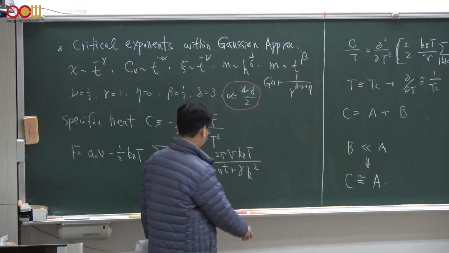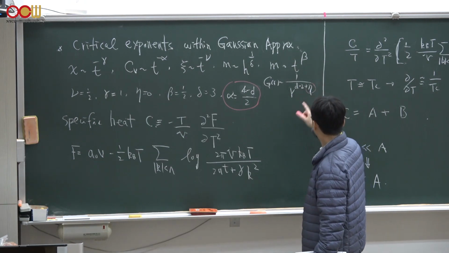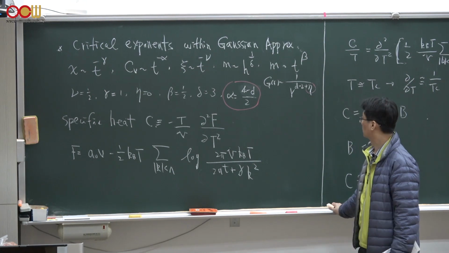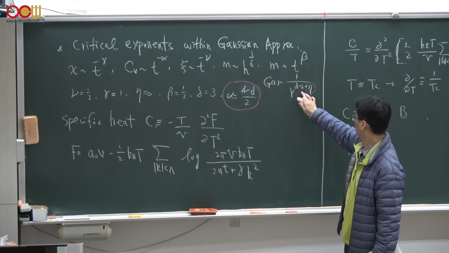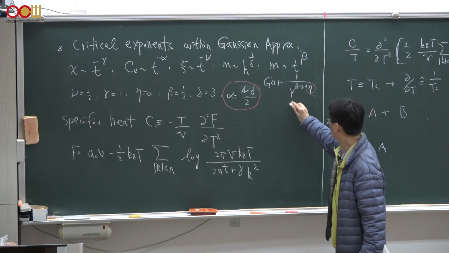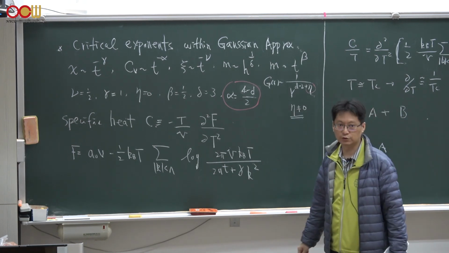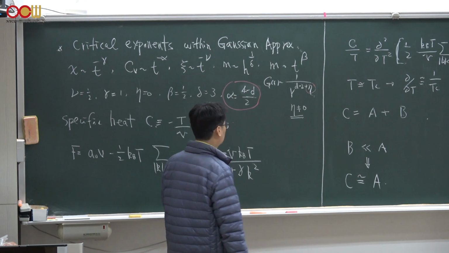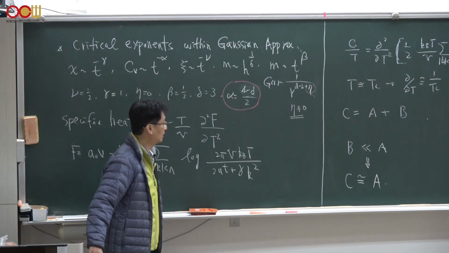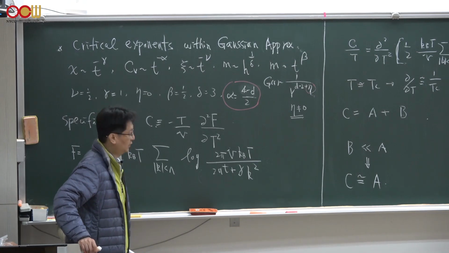And there's also the so-called anomalous exponent eta, which appears in the real space Green's function as 1 over r to the d minus 2 plus eta, where eta is non-zero in general. But we'll see that within the Gaussian approximation, we have some trouble getting that non-zero value of eta.